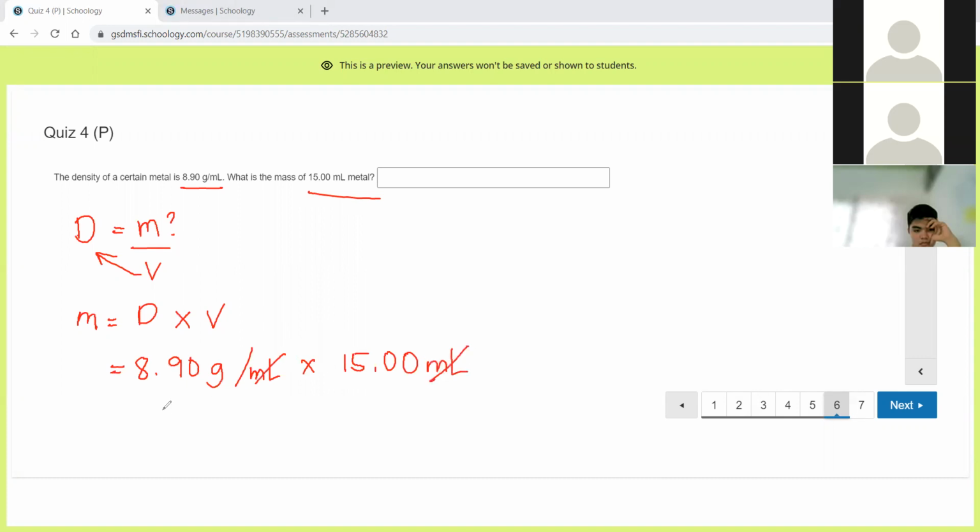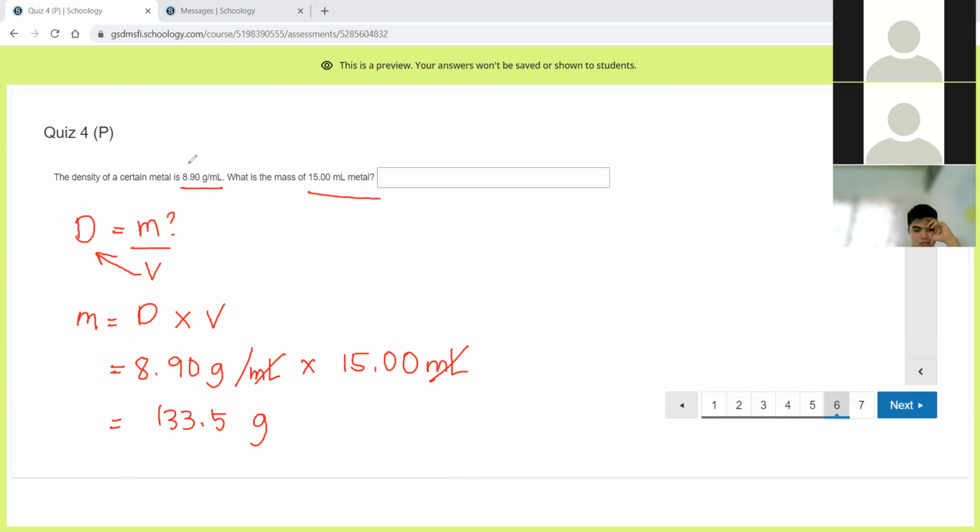We can cancel the ml. Ang maiwan na unit ay grams, and that is our unit for mass. 8.90 times 15.00 is 133.5 grams. However, kailangan ta mag-follow og rules sa significant figures.